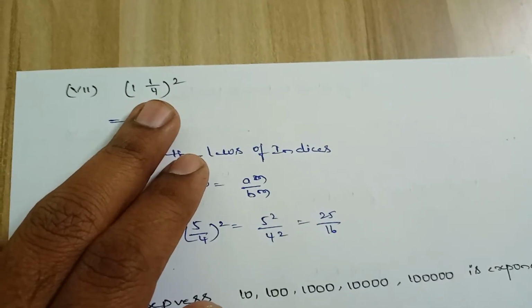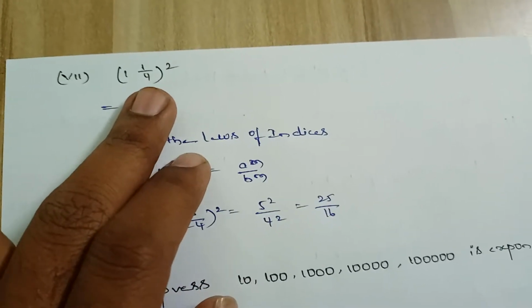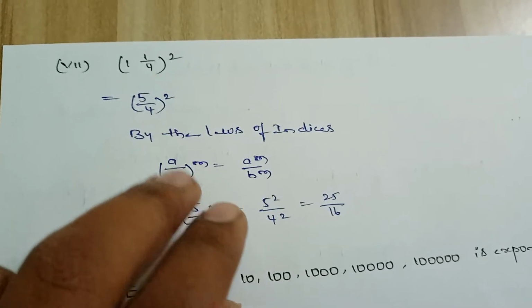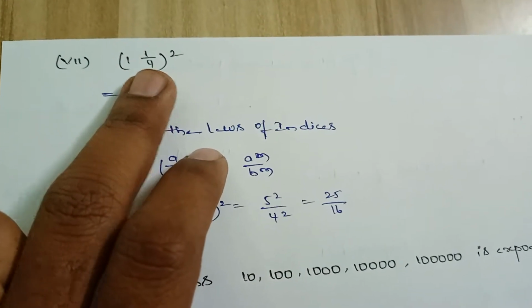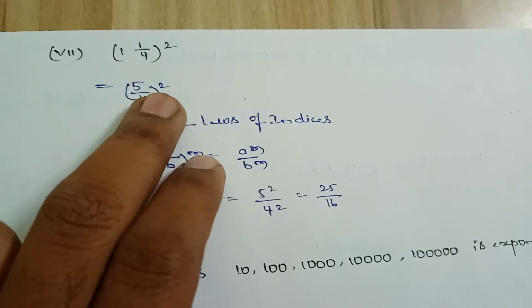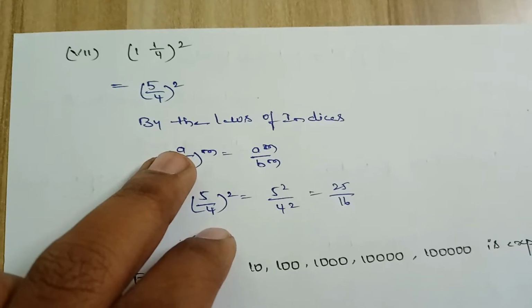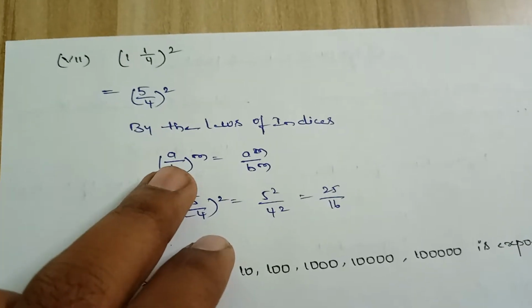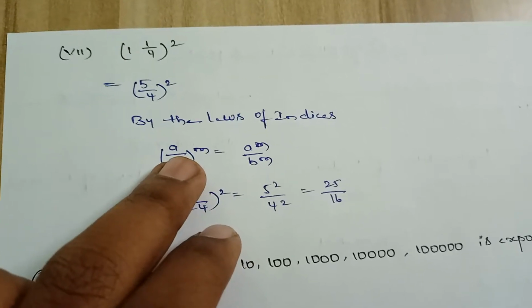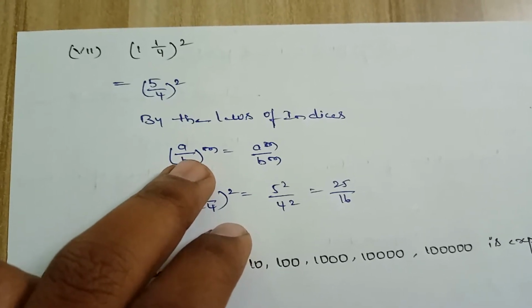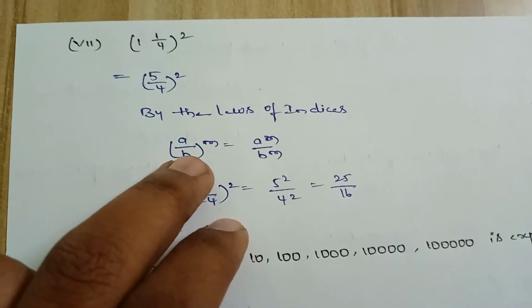Coming to the next sum, 1 by 4 whole square. Here it is given as a mixed fraction. So convert into a normal fraction, then simplify. It becomes 4 ones 4 plus 1, 5 by 4 whole square. This is similar to the previous sum, guys. By the laws of indices, this is in the form of a by b whole power m. The power can be split to each and every term, to the numerator and also to the denominator.